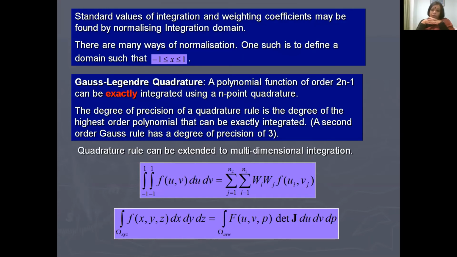Now, if you go on to higher polynomials, what is the highest order polynomial which can be exactly integrated using a 1-point quadrature? Ma'am, it will be 1. Exactly, linear. If I go for a second order polynomial, what happens then?